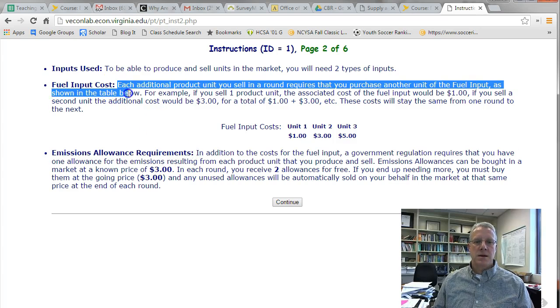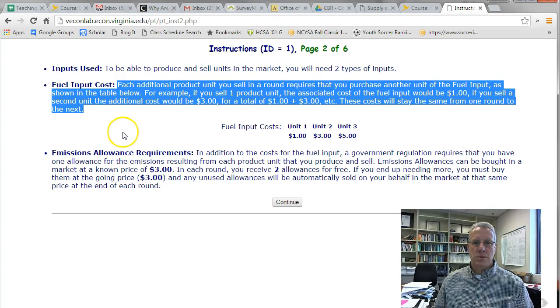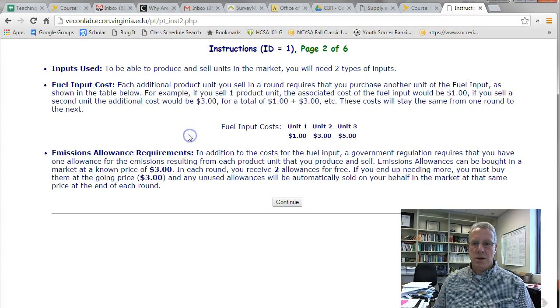Okay. Each additional product unit you sell in a round requires that you purchase another unit of the fuel input, as shown in the table below. Okay. For example, if you sell one product unit, the associated cost of the fuel input will be $1.